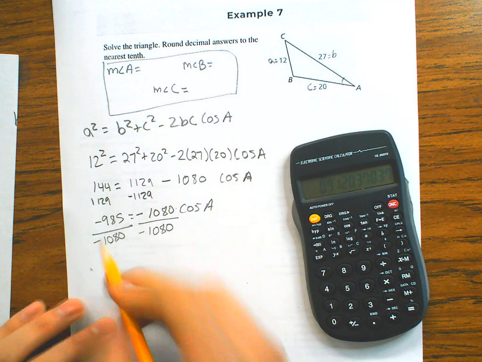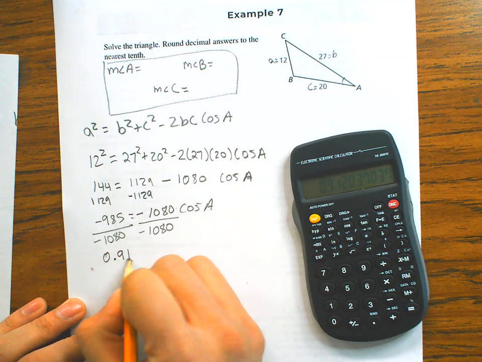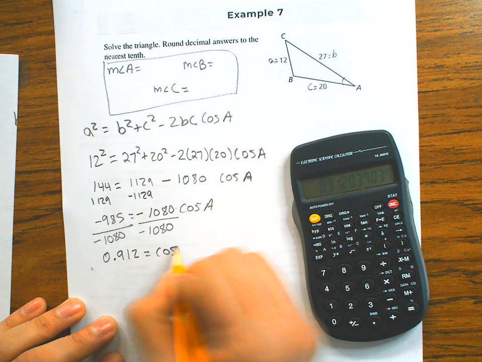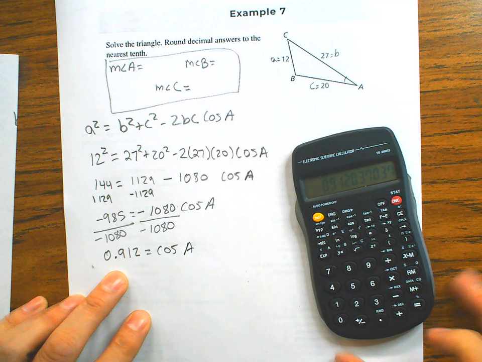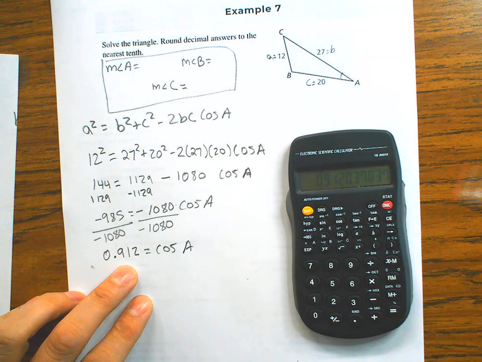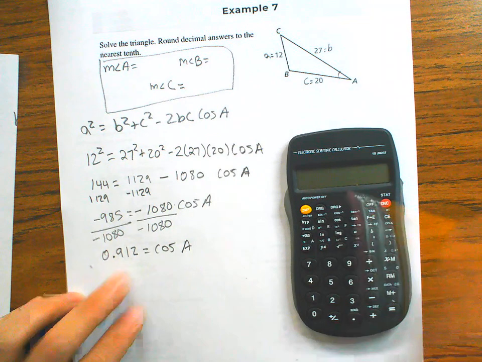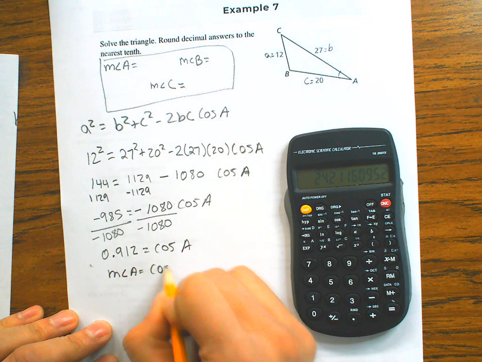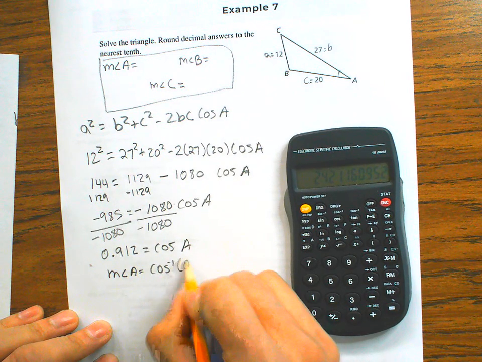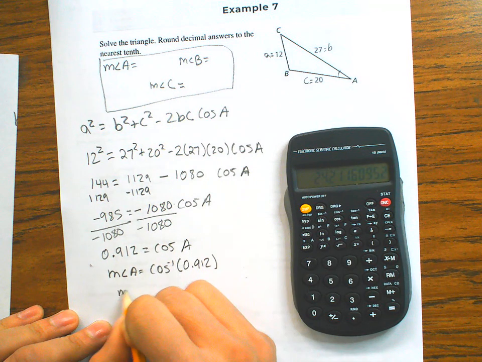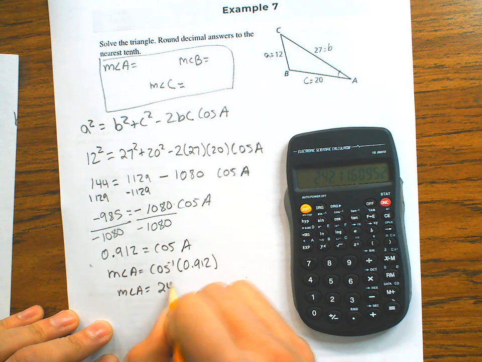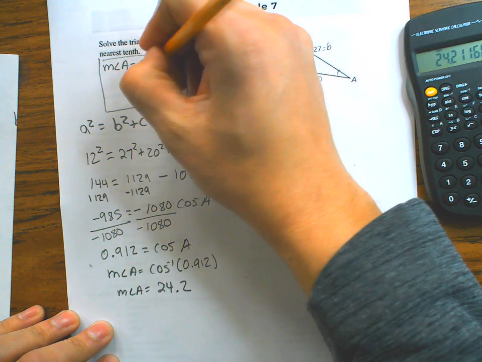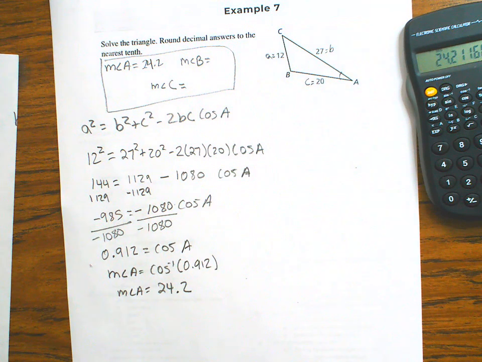So that's going to be 0.9120 equal to the cosine of angle A. So now, since I already have this big old number, I'm just going to do the inverse cosine of this, and I'm going to get the measure of angle A to be the cosine inverse of 0.912, and to the nearest tenth of a degree, that's going to be about 24.2. Okay, so angle A, 24.2. Okay, so now I have two options.